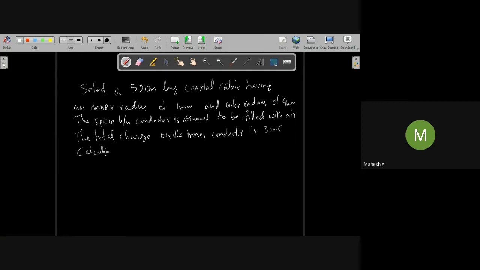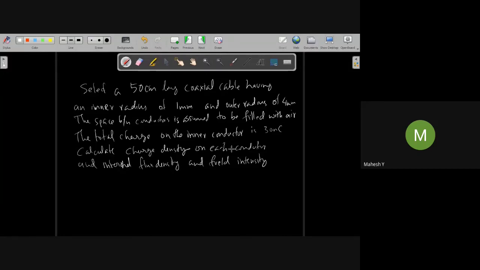Calculate the charge density on each conductor and internal flux density and field intensity. Okay, so this is the question.